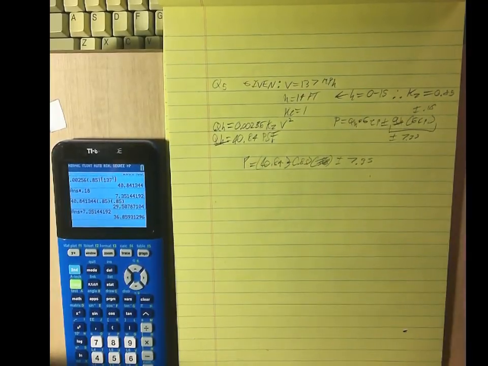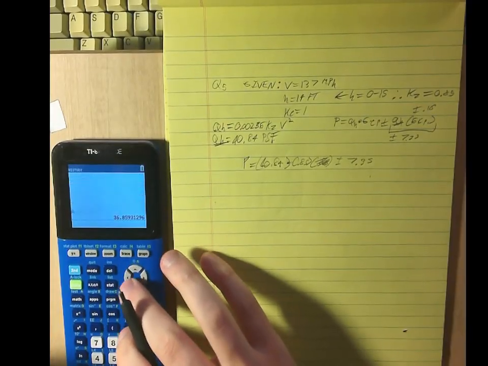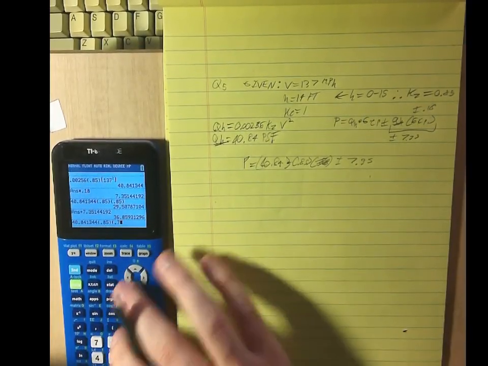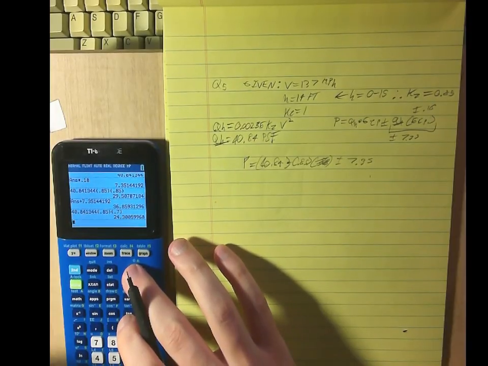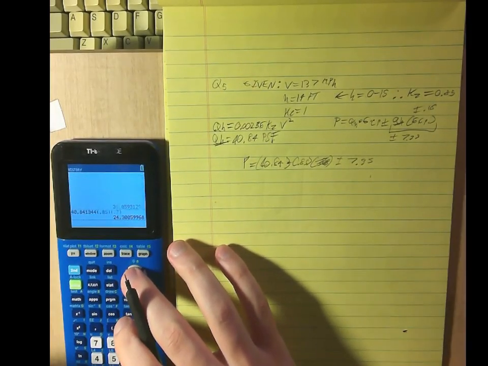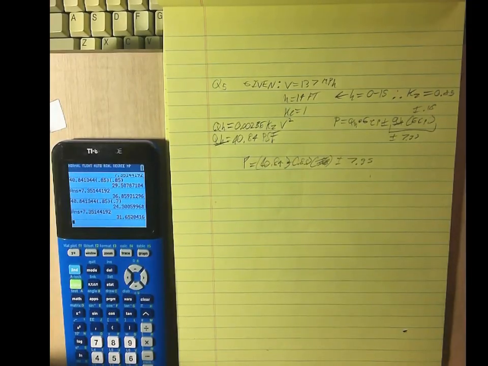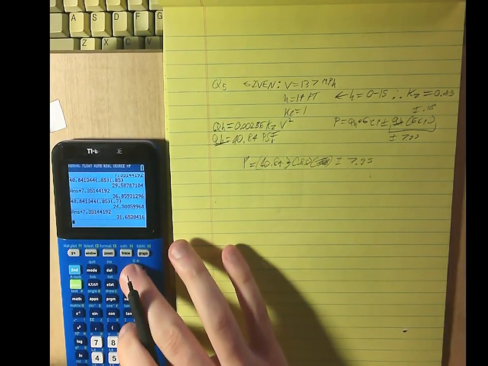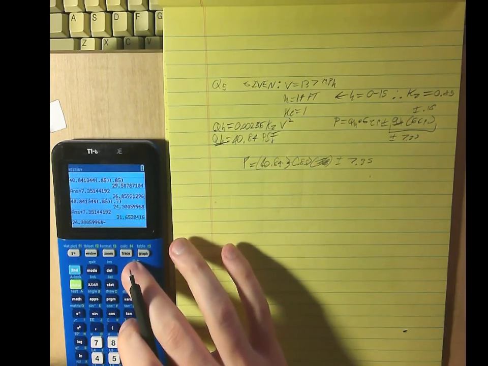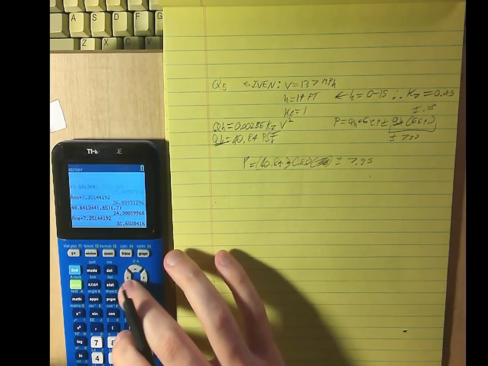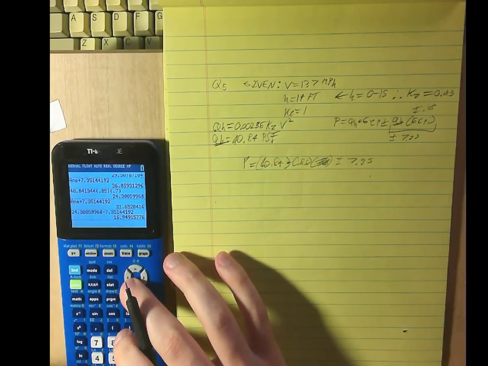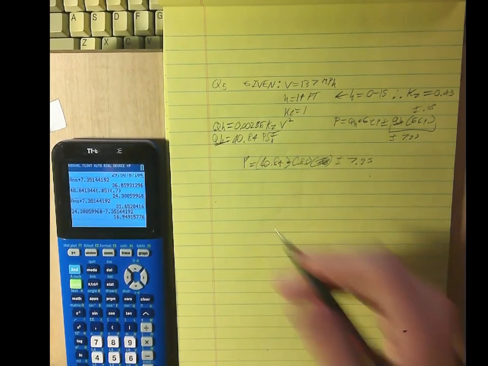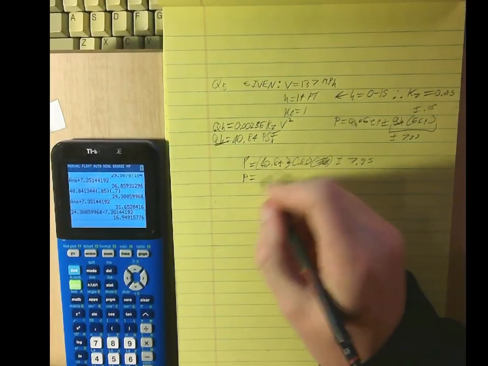I'll have to check the book. Is it 0.7? That would make that 31.6. They want 31.7, and then if I do this minus this, 16.9. Yeah, okay.